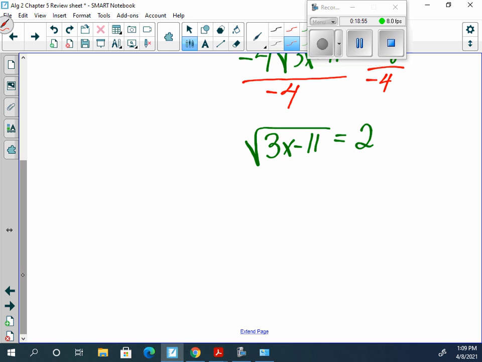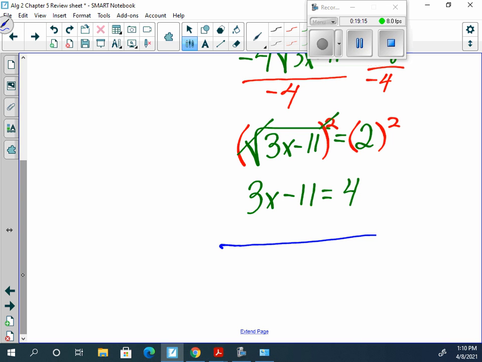So our next step would be to square both sides because it is a square root. A square root and square would cancel, leaving us with 3x minus 11 is equal to 2 squared, which is 4. And then what can we do next?